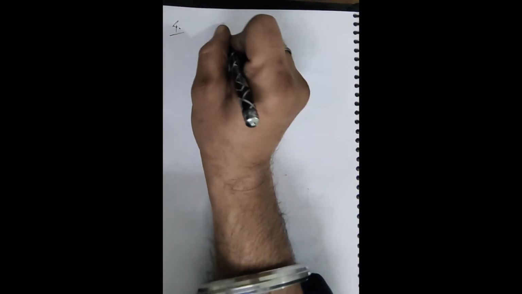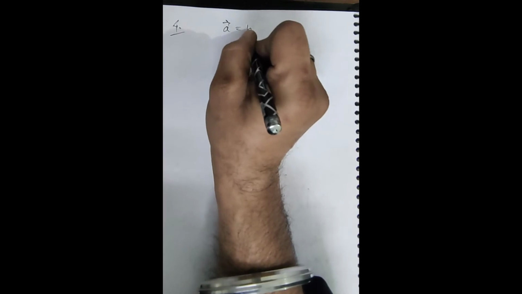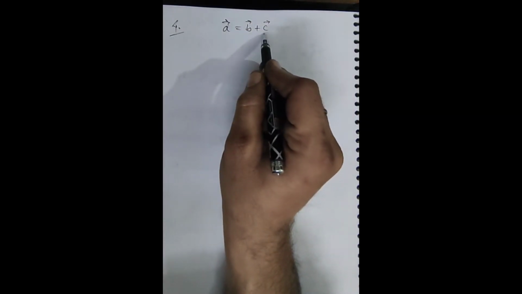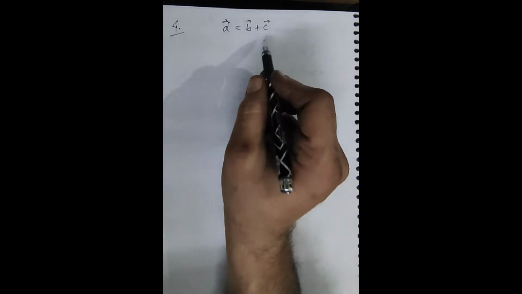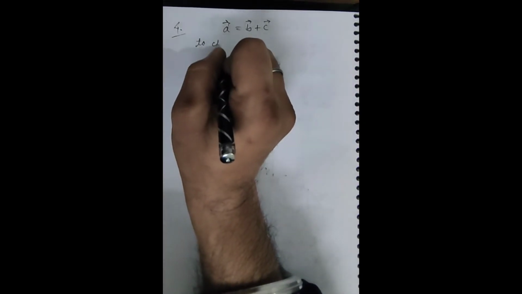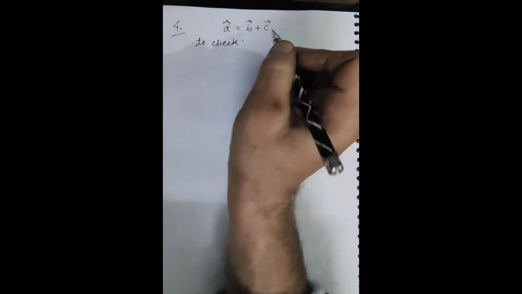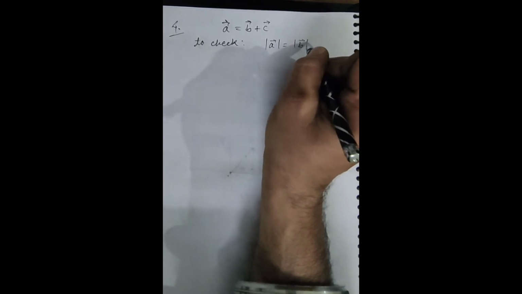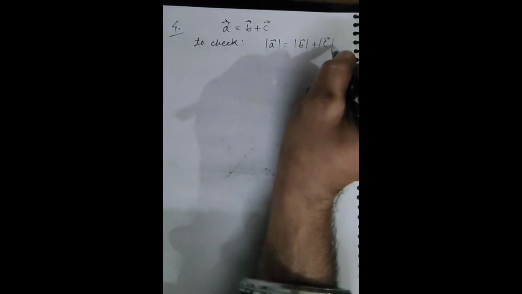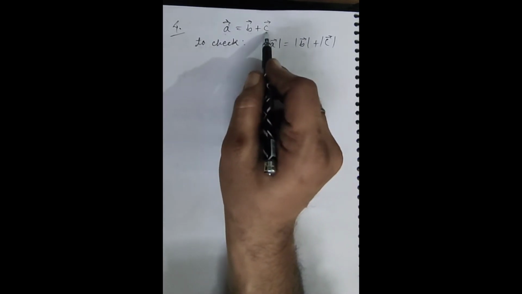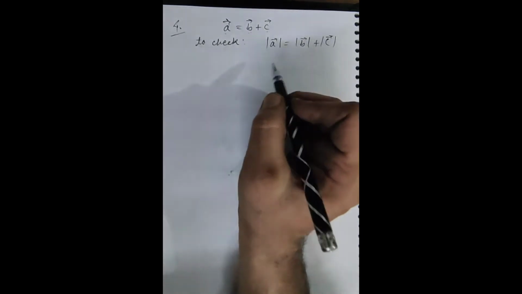As in the fourth question, I find it's a logical question. If given A is equal to B plus C, we can see one vector is equal to the sum of the other two vectors. Is it true to say that? To check, we need to discuss whether the magnitude of A is equal to the magnitude of B plus the magnitude of C. Now this concept, where one vector is given as a sum of two vectors, is applicable in the case of a triangle.